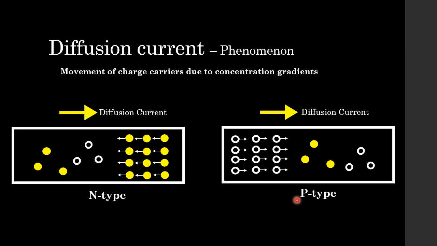Now similarly, in a p-type semiconductor, we have a large concentration of holes on this side and a low concentration of holes on this side. So from a high concentration, it's going to diffuse to the lower concentration. That movement of charge carriers, specifically the holes, is going to generate our diffusion current, which is in the same direction as the movement of the holes, and that is our diffusion current for a p-type semiconductor.